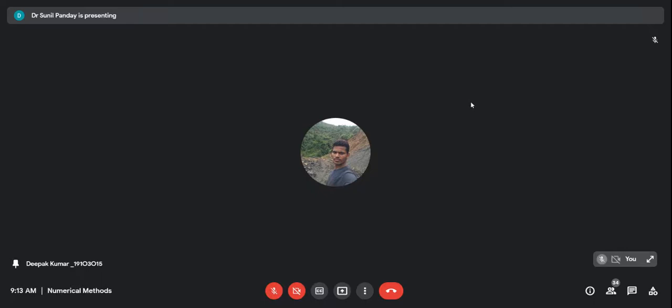So in the previous classes we already discussed Euler's modified method. You can see that first we are calculating the value of y1 using Euler's method, and then we are updating the value of y1 using Euler's modified method.